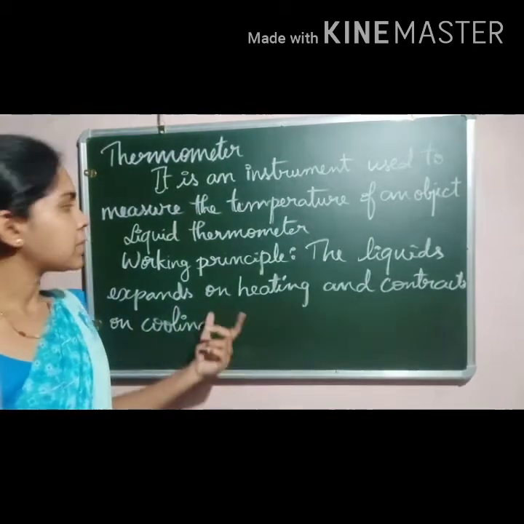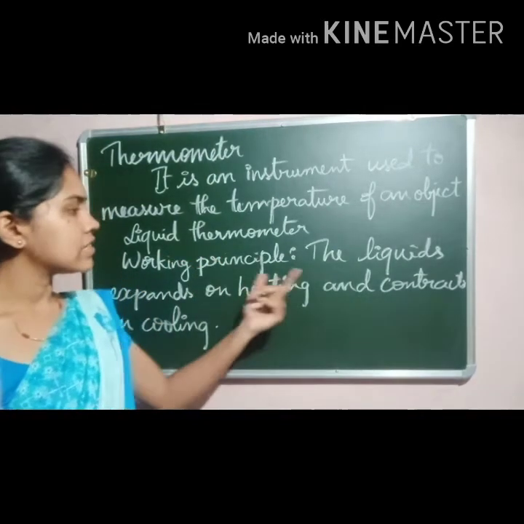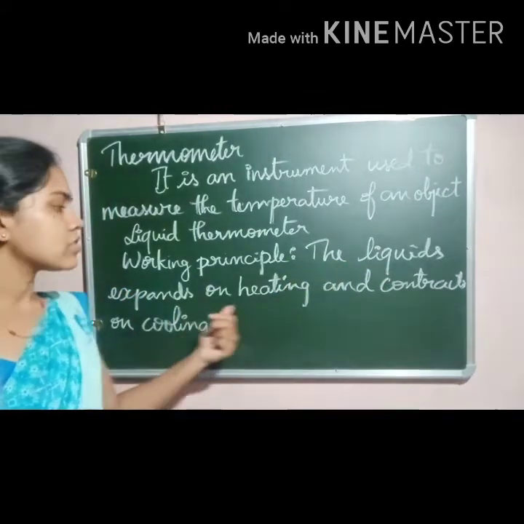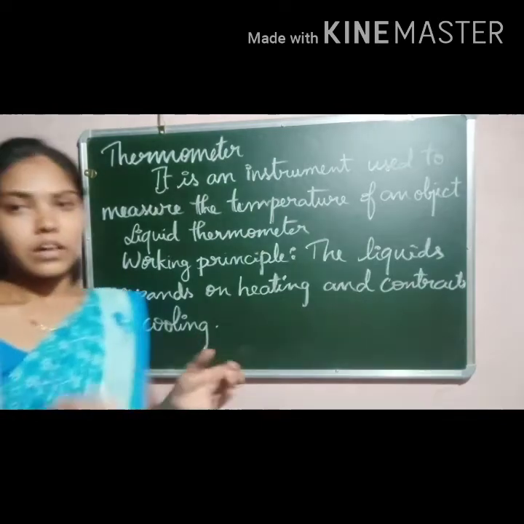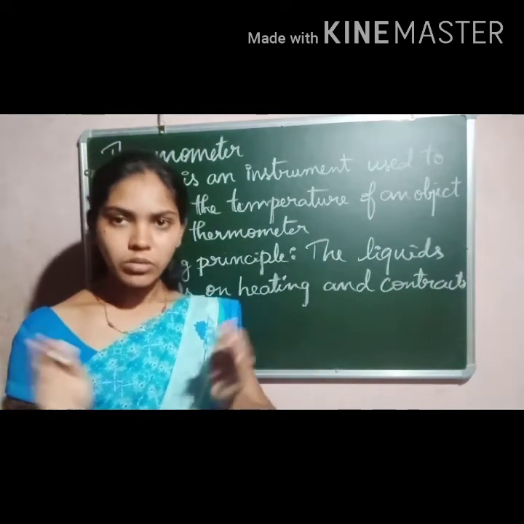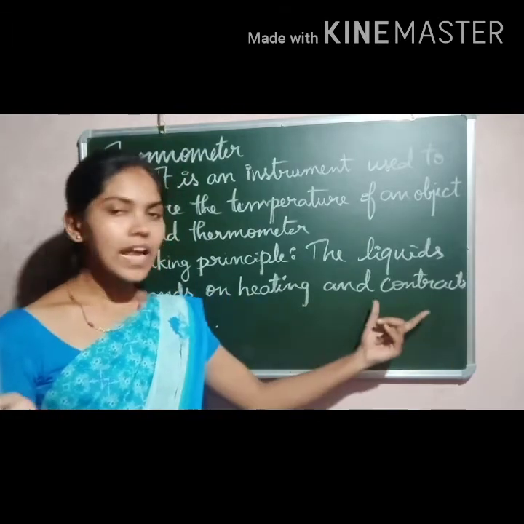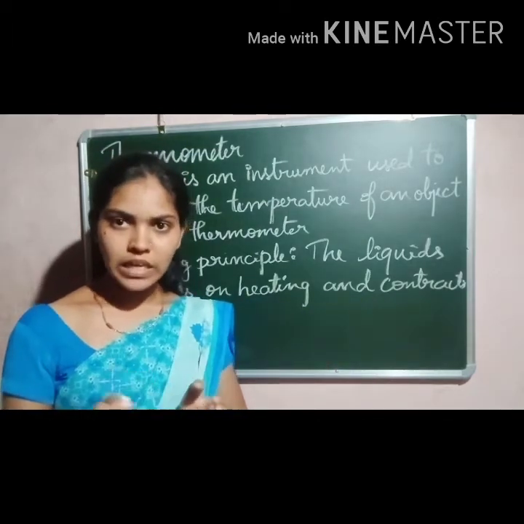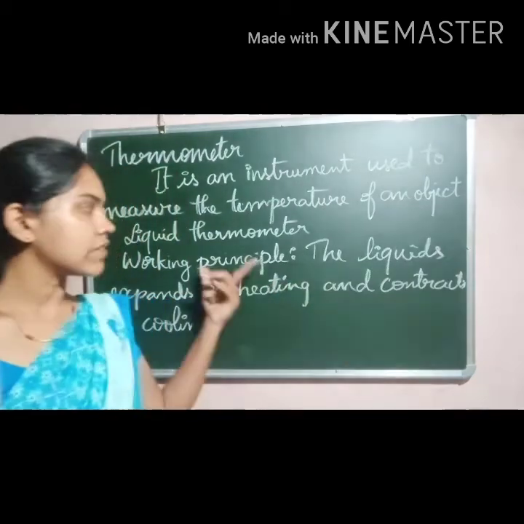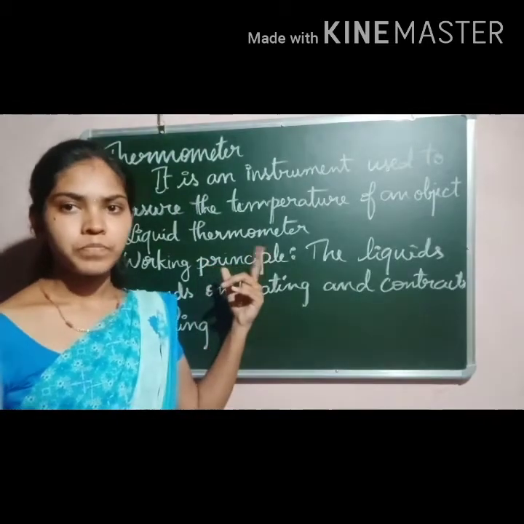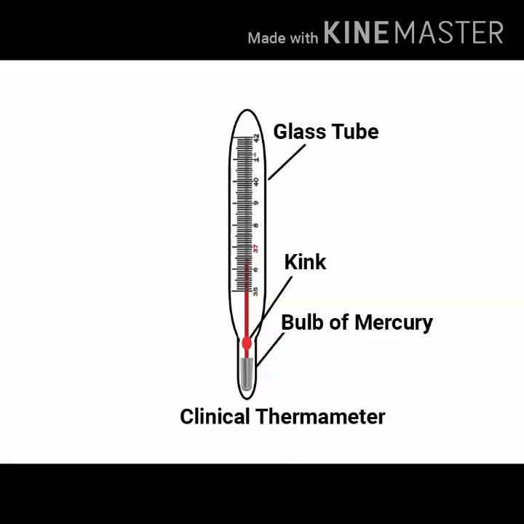The working principle of this liquid thermometer is that the liquid expands on heating and contracts on cooling. There is expansion of the liquid when you heat the object, and there is contraction of the liquid when you cool the object. Based on that principle, these liquid thermometers work. Now let us see how the thermometer looks.